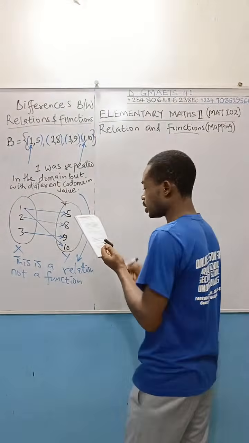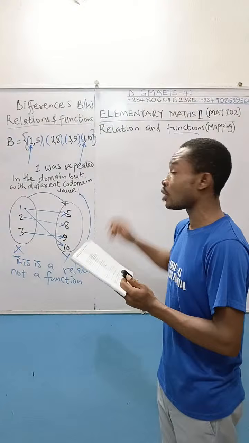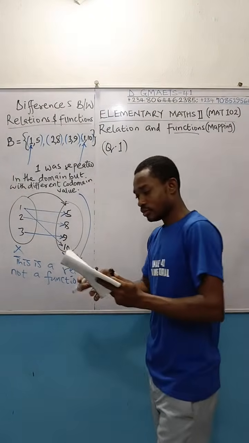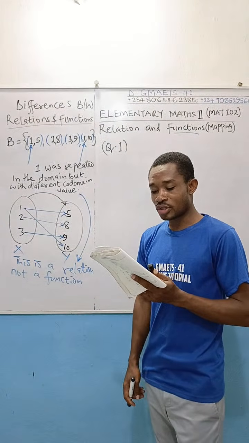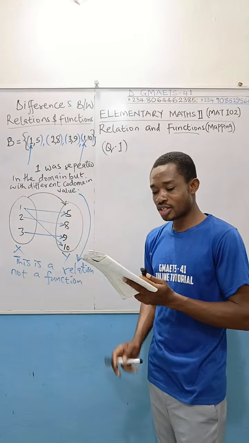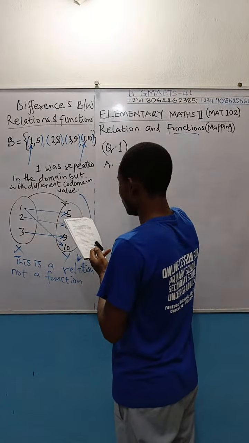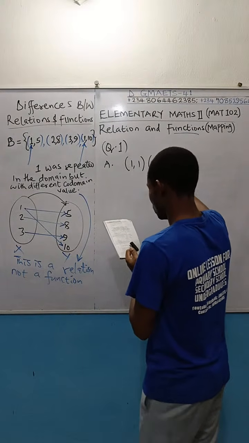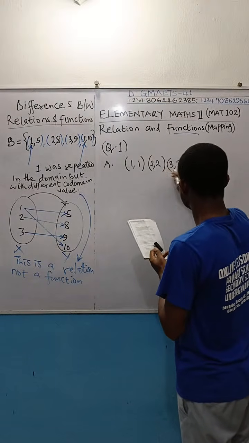Which of the following relations is not a function? I'll dictate the question and then I'll write the options on the board. Question one. Which of the following relations is not a function? Option A: (1,1), (2,2), (3,3), (4,4).